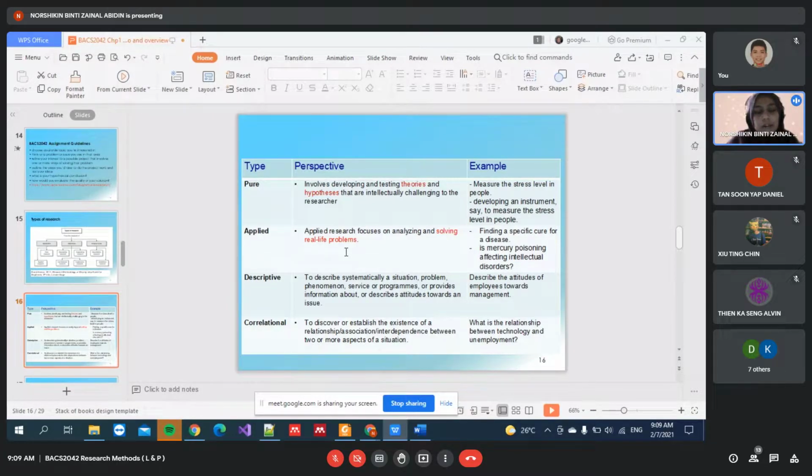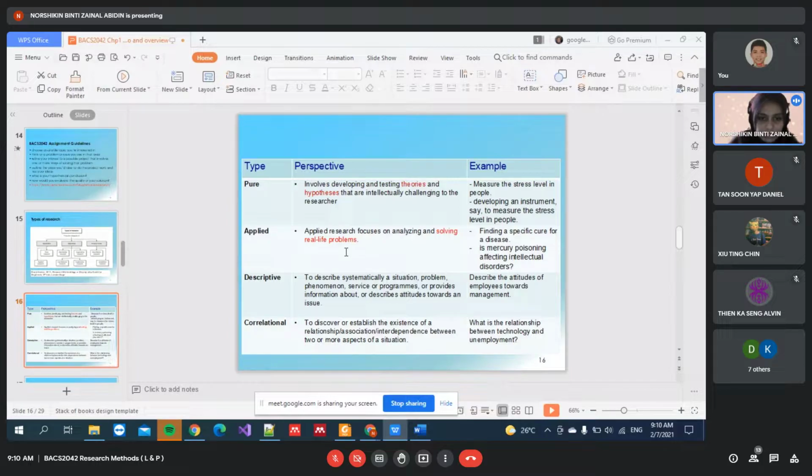Basically, that's the example of descriptive. You want to describe. From the example here in the lecture note, you can see describing the attitude of employees towards the management. So they want to conduct a research to describe the attitude of the employees towards the management, or how the employees react to the management. That is descriptive.